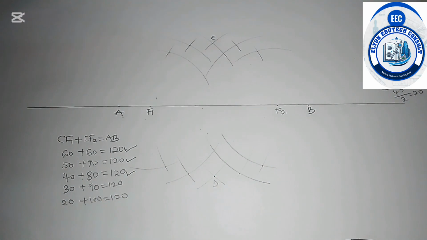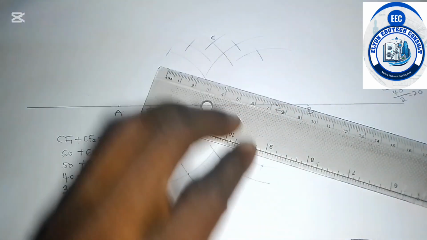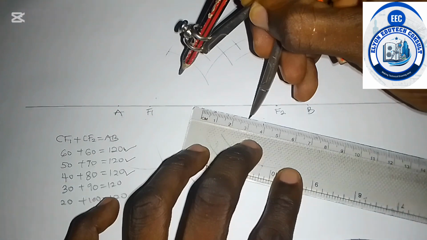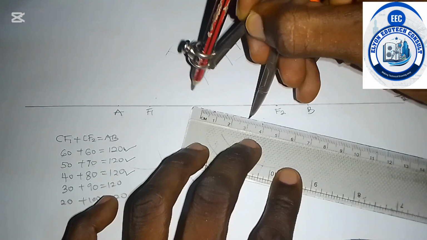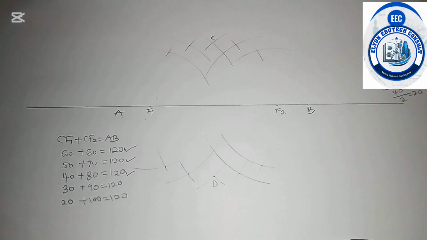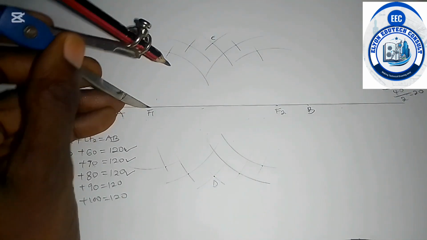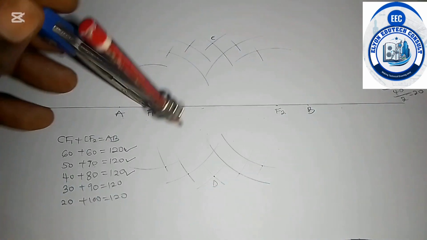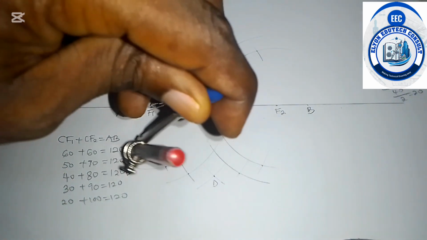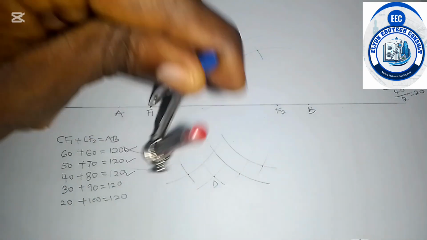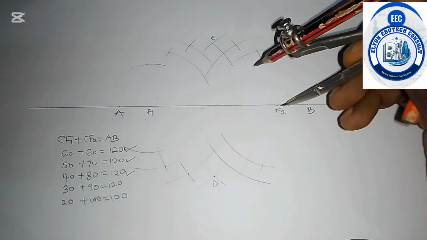So I'll go to the next one, which is 30. This is 30. Place on F1. Okay, have your arc drawn this way. Okay, then on F2 now.